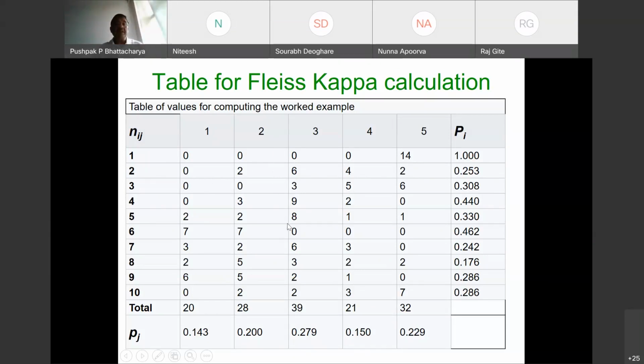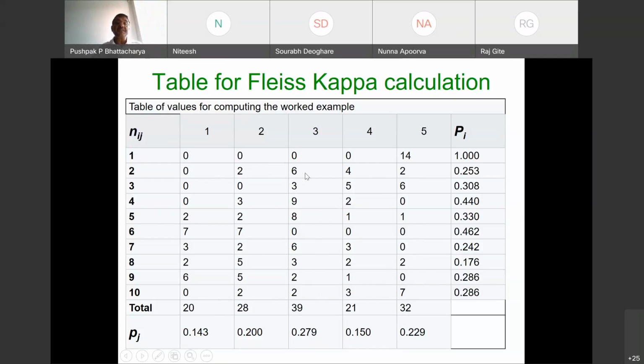Similarly, if I take data point number 10, then nobody is giving it category 1. The maximum number of raters are placing the data point in category 5, and that number is 7. Again, the sum of these row values should be equal to 14.